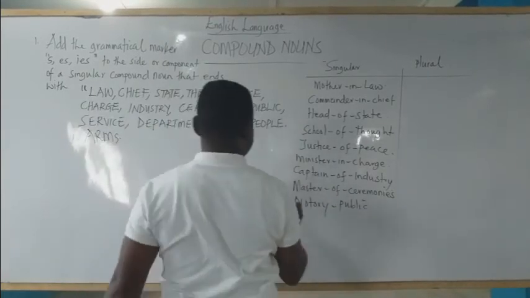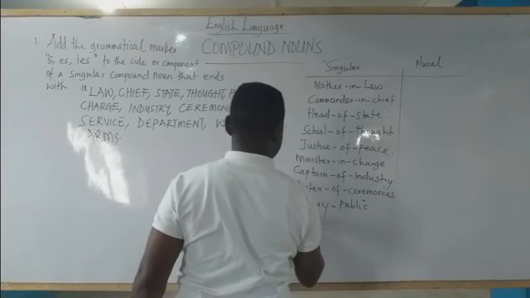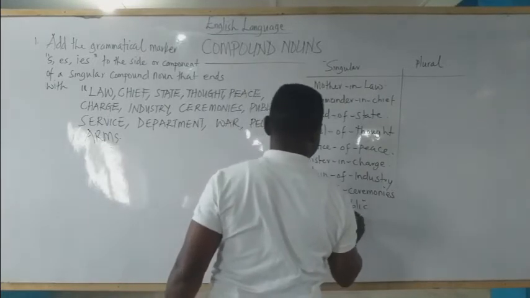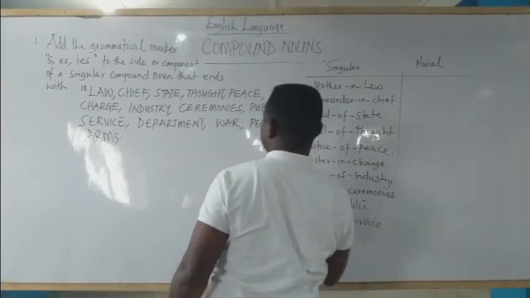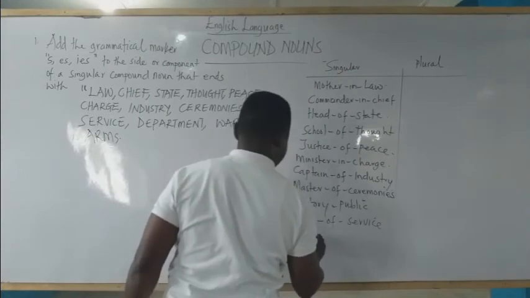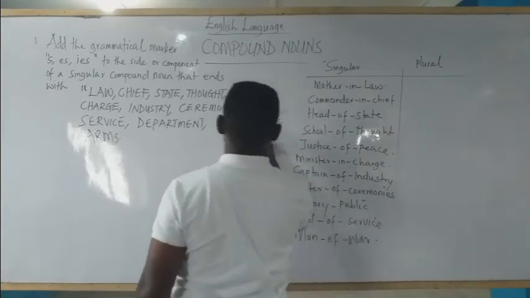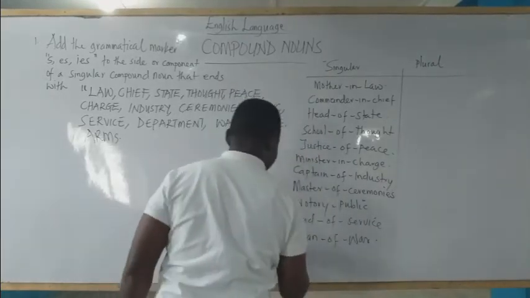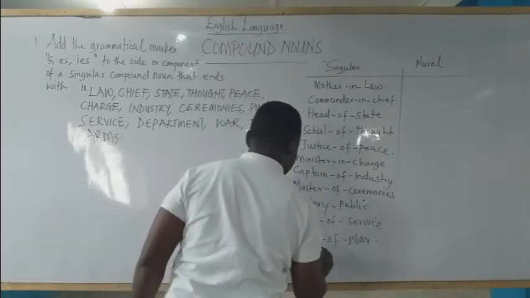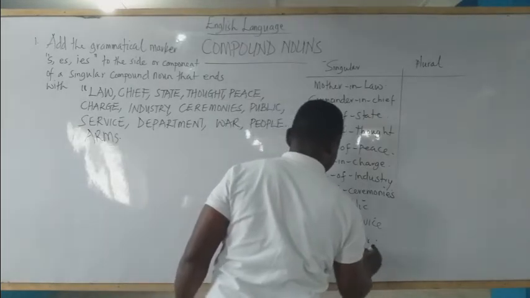We have a service, example: head of service. We have a war: man of war. We have people: man of the people.